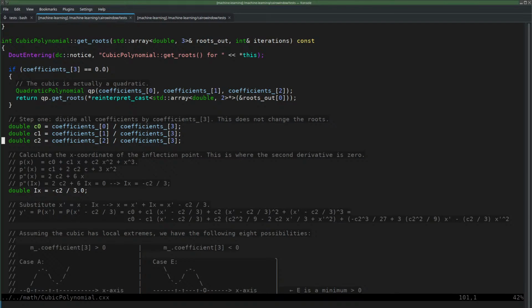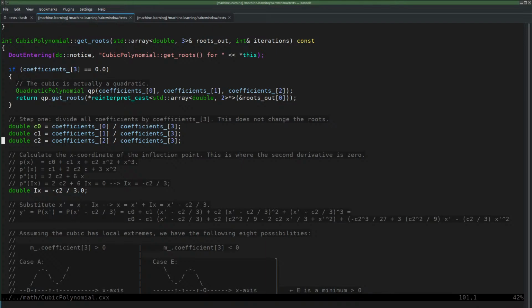I think this is still a good idea. Otherwise, you just have to do way more calculations. And in the end, I was already getting abbreviations done by just dividing everything. You know, C0 divided by C3, C1 divided by C3, and so on. I don't think there's any speed gain, but after this, you just got rid of C3, basically.